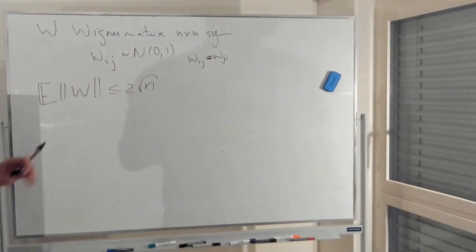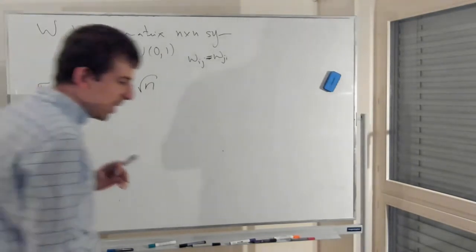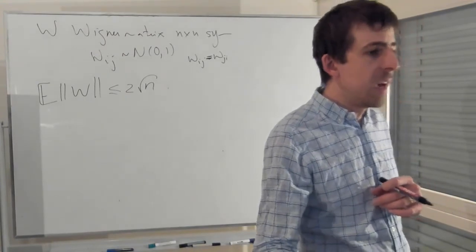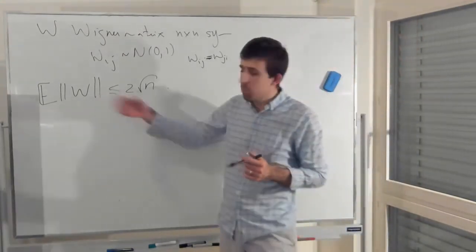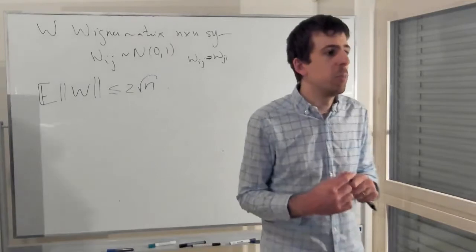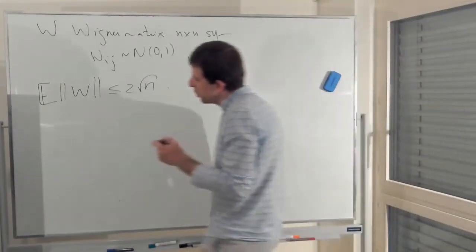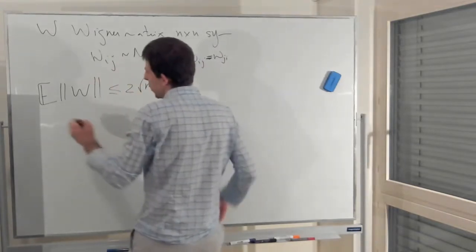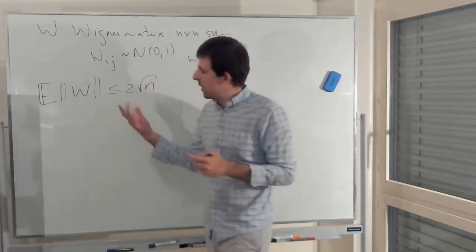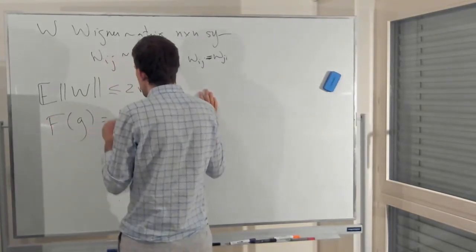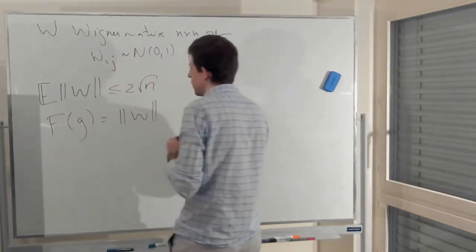Okay, so now from this, we're actually going to be able to get control on the tail of the random variable of the spectral norm of the Wigner matrix. Why? Because we should think of a function f, with a bit of abusive notation, of g as the norm of the Gaussians.